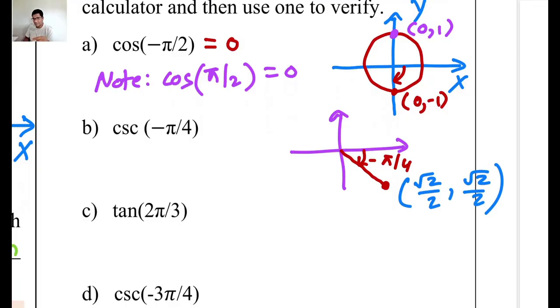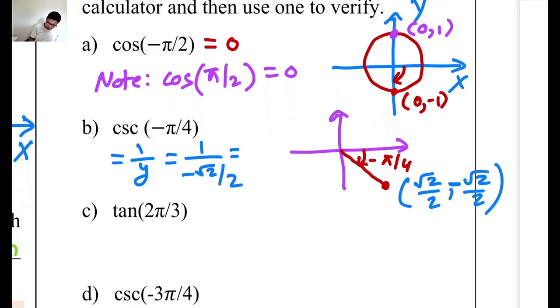But now we are in the fourth quadrant. In the fourth quadrant, x is positive, y is negative. So negative sign in front of the y coordinate, negative root 2 over 2. Alright, that's the point. Now what is cosec? It's the reciprocal of sine, which is 1 over y coordinate. And the y coordinate is negative root 2 over 2. So 1 over negative root 2 over 2, which will be negative root 2 when you simplify.